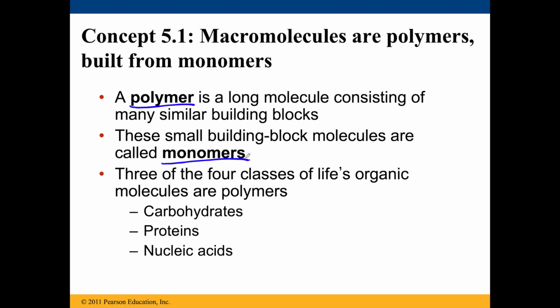So monomers are the small pieces used to build the polymers. Now, out of the four large macromolecules, technically 3 of them are polymers and 1 is not a polymer. So carbohydrates, proteins, and nucleic acids are polymers. Technically, lipids are not a polymer. And that will make more sense whenever we learn about each of the different classes of macromolecules.